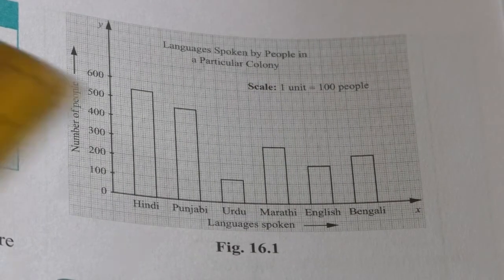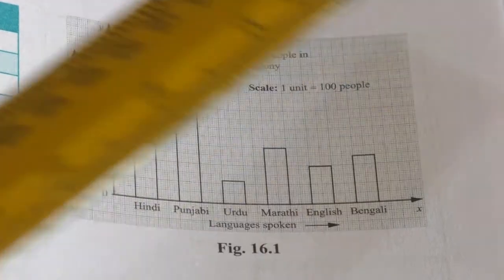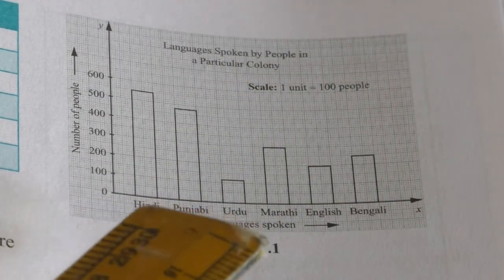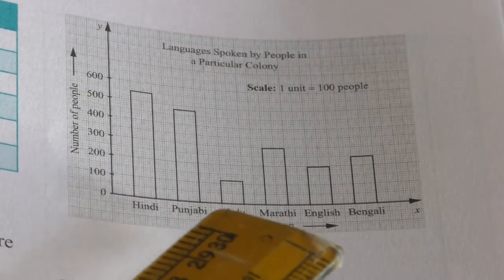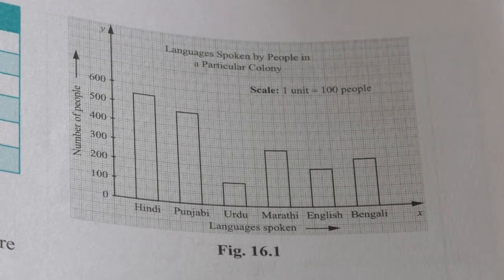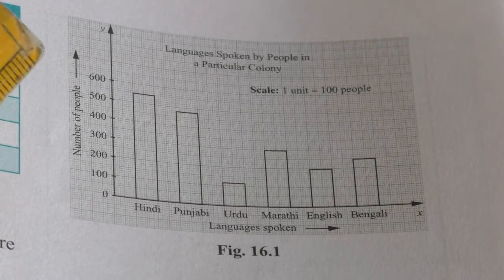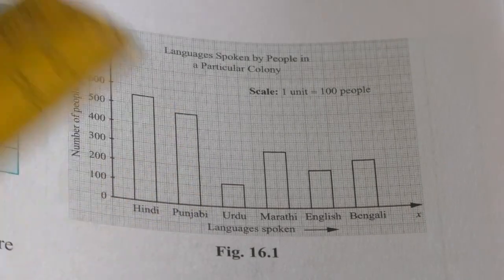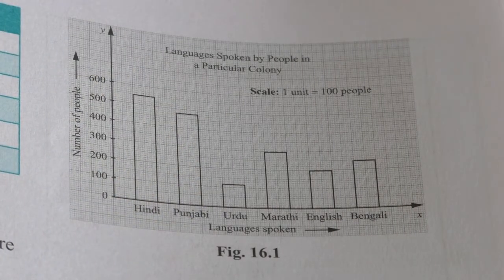The scale is given as 1 unit is equal to 100 people. So, the languages spoken are Hindi, Punjabi, Urdu, Marathi, English and Bengali. And the number of people is given as 0, 100, 200 up to 600.